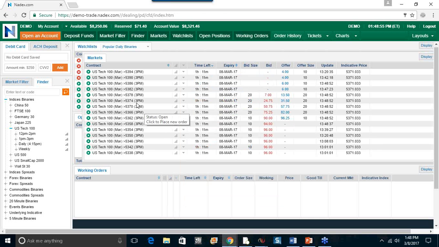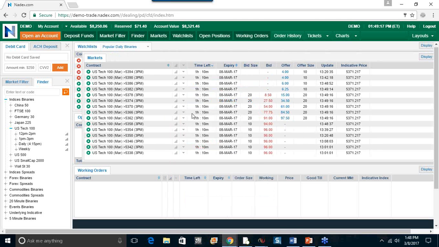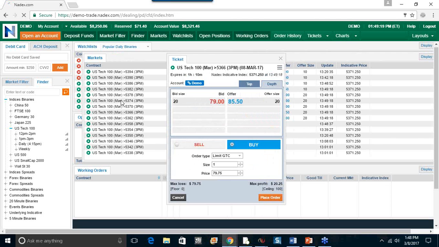For example, if I were to buy this binary right here for 80 bucks, and it's going against me, I could exit it at 50, 40, 30, wherever I wanted to exit it to get out early to limit my loss, right? Or, for example, let's say I bought this binary right here for 36 bucks.